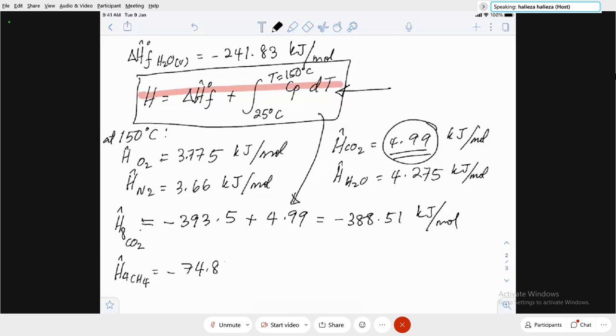I asked you guys to write it down because we don't want to go back and forth. Now, we need to go from 25 degrees C to 150 degrees C. The problem is methane is not available in Appendix B8. It's not listed there.